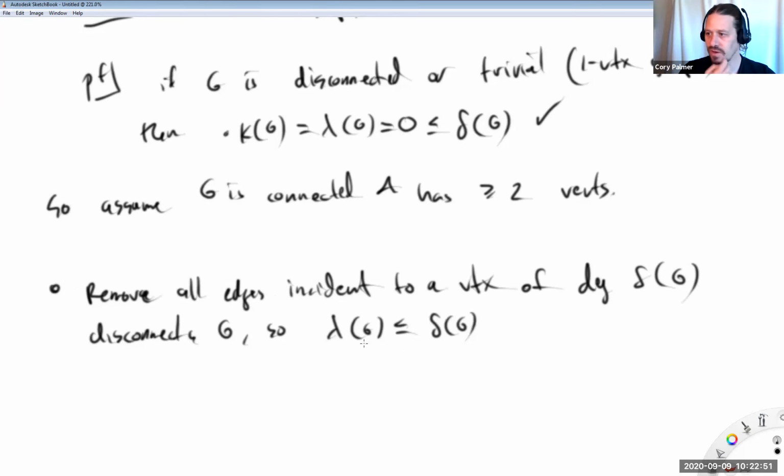The smallest number of edges we need to remove to disconnect it has no reason to be above the minimum degree, because I can always exhibit a set of minimum degree many edges that will disconnect the graph. So this smallest value here that disconnects is no bigger than that, okay? So now all we have to show is that kappa is at most lambda. That's the content of the proof there.